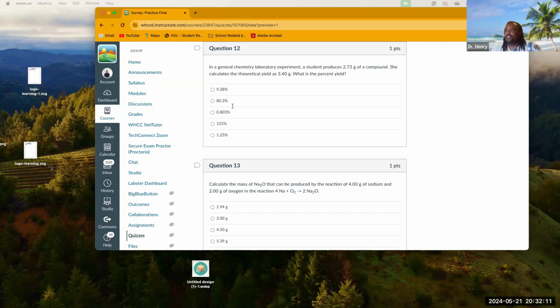It's going to be B. So we know that 2.73 is what she actually produced, grams. And we're going to be dividing it by the theoretical or the ideal. And so that's going to be 3.40 grams. And we multiply it by 100. So that should give us 80.3%. Okay.